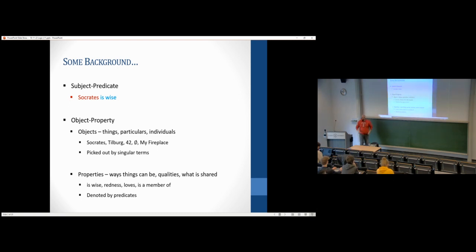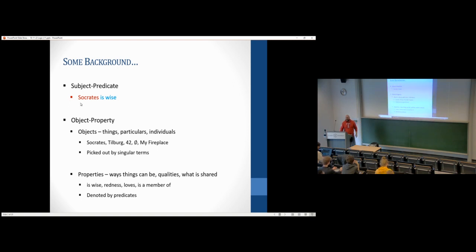And depending on the language, the predicate might include something like a copula, an "is", to attach the term to the name. So Socrates is wise: you have the subject Socrates, and you have the predicate "is wise." Not all languages work like this, but many natural languages do.